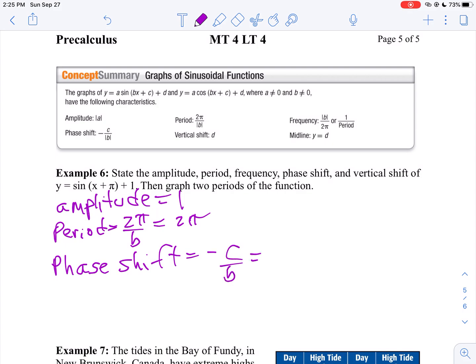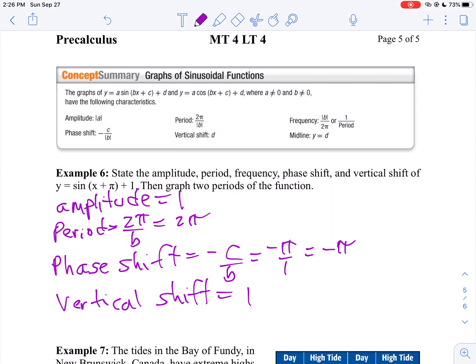Well, c is pi, so it's negative pi over 1. So I'm going to translate my graph negative pi. And then our vertical shift is going to be up 1, because it moved it up 1.